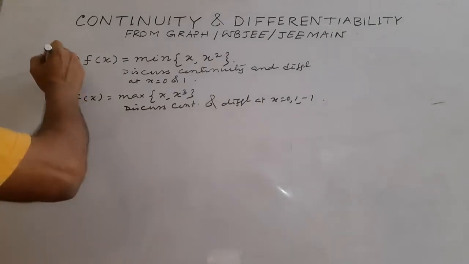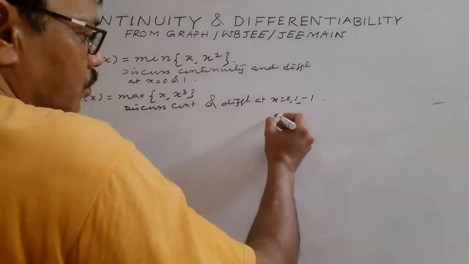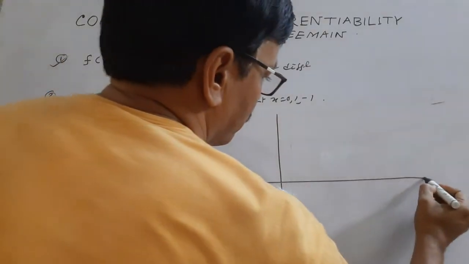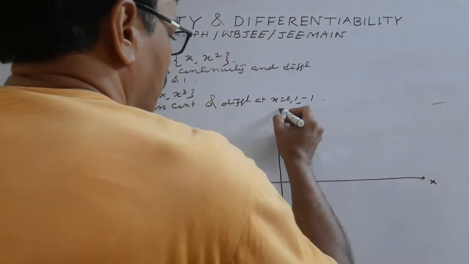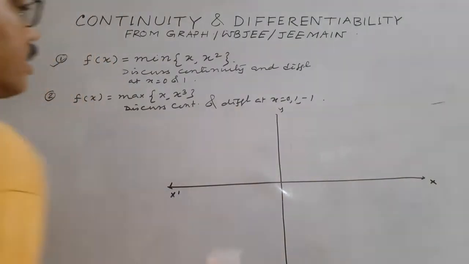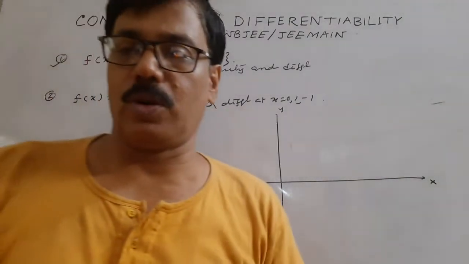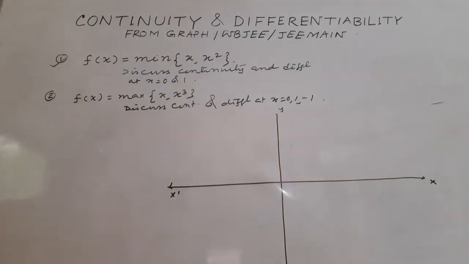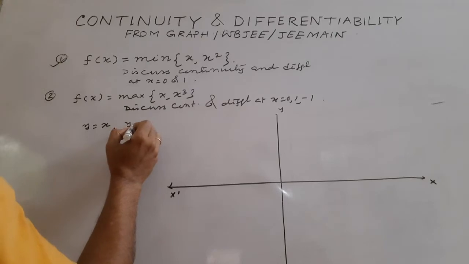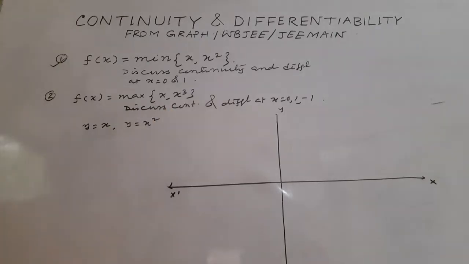Problem number 1. f(x) equals minimum of x comma x square. One graph is y equals x, another is y equals x square.